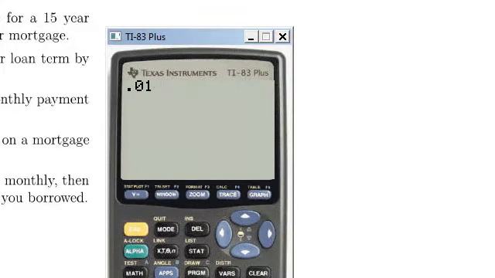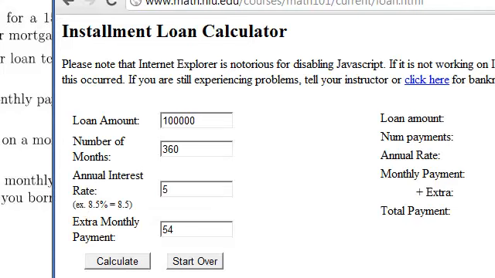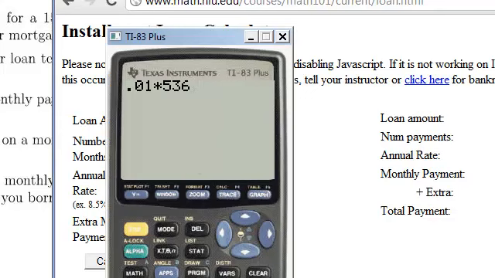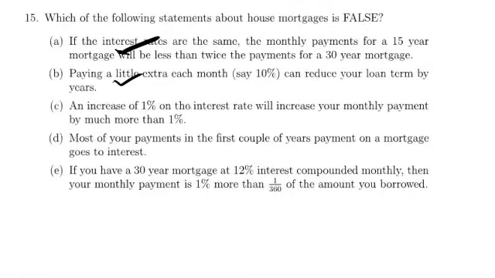Going back to 536.82, 1% of that is about $5. So what this is saying is that if I increase my interest rate by 1%, it will increase my monthly payment by more than $5. Well, let's find out if that's true.